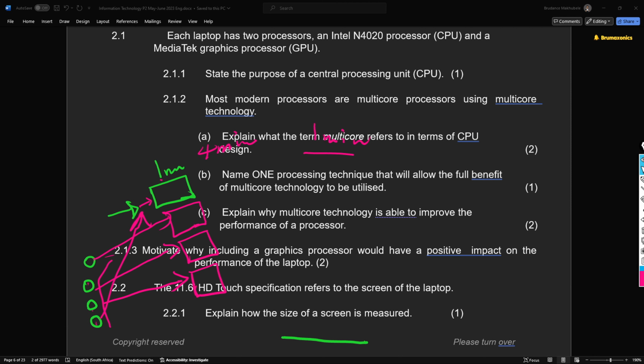It will definitely be handled by the GPU, right? So this handles the processing of images. That's actually the best explanation that you can give. The graphics processor has its own resources, its own processor, its own RAM, which handles the processing of graphical images that you see when you are playing your best games.